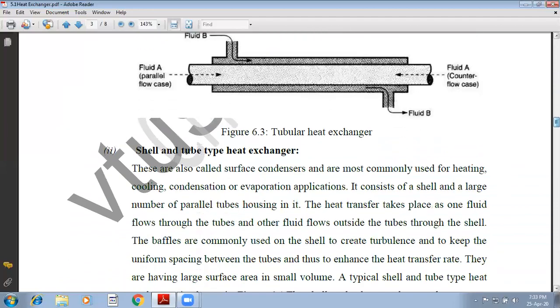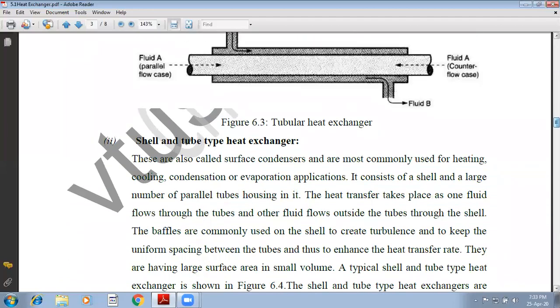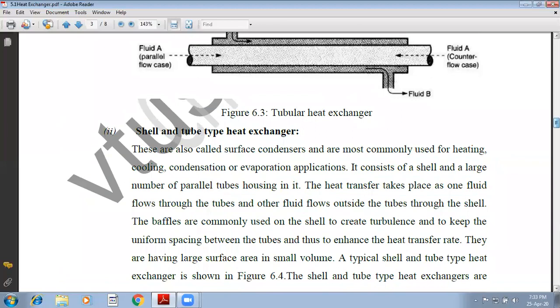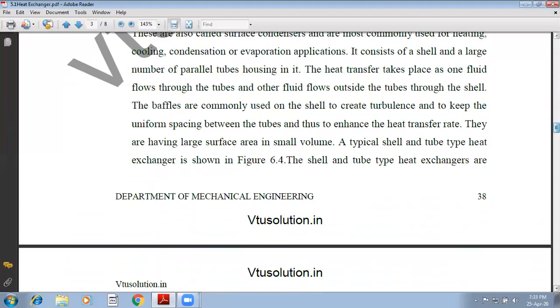Next type of heat exchanger is shell and tube, wherein we have a shell which is enclosed with a number of tubes. You can see in the diagram.